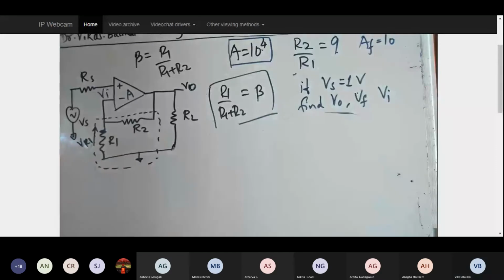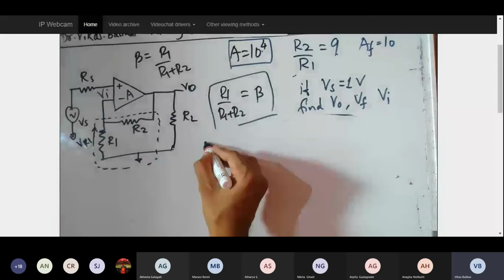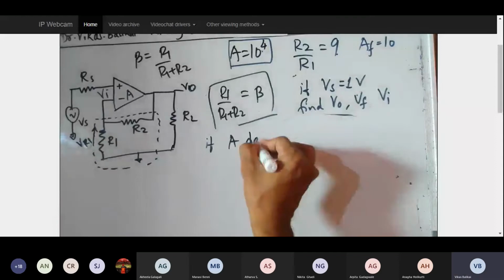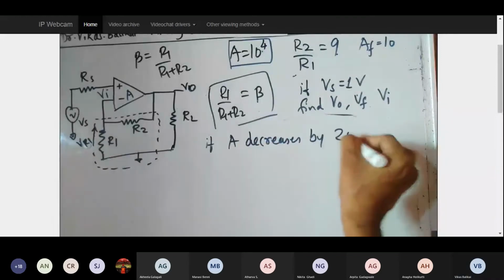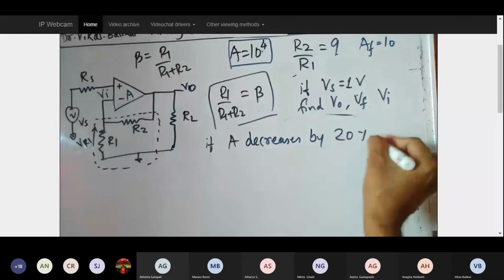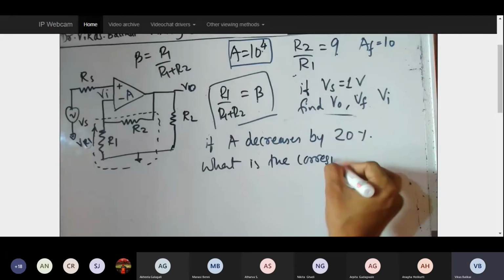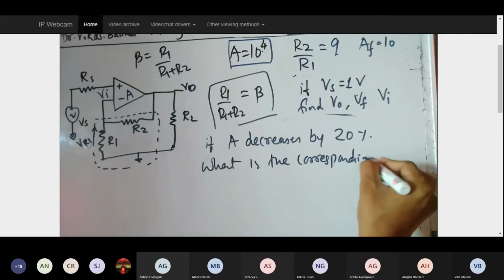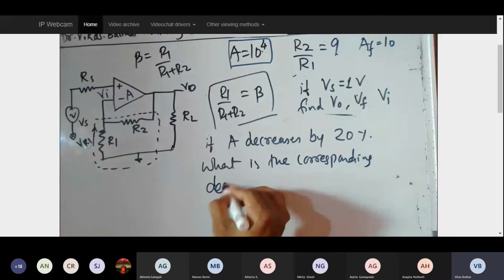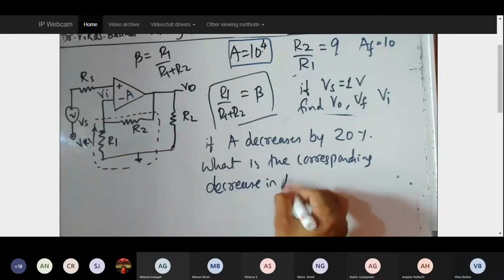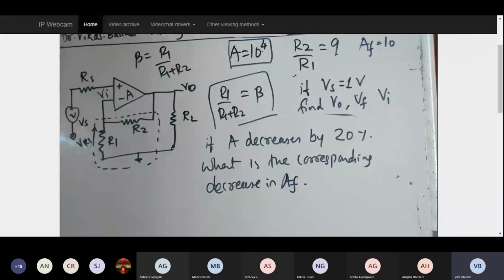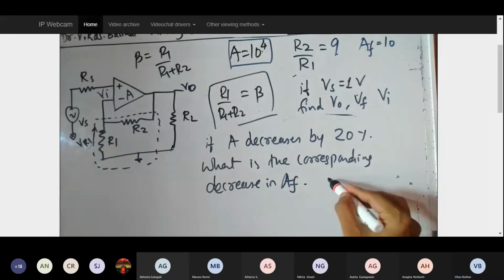He says if A decreases by 20%, what is the corresponding decrease in AF? If A goes down by 20%, how much does AF decrease? That's what he's asking as the last part of this problem, so try to solve it.